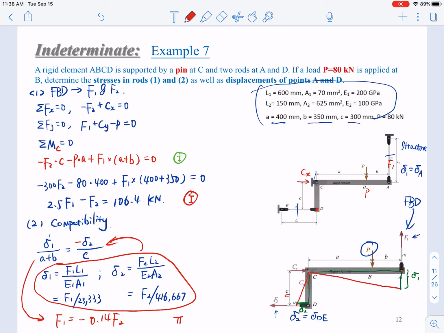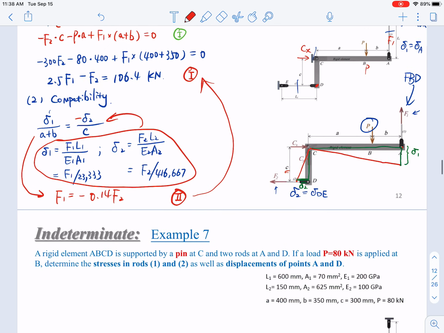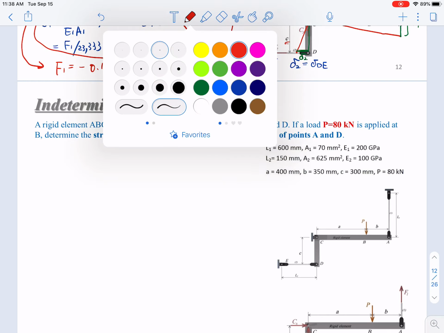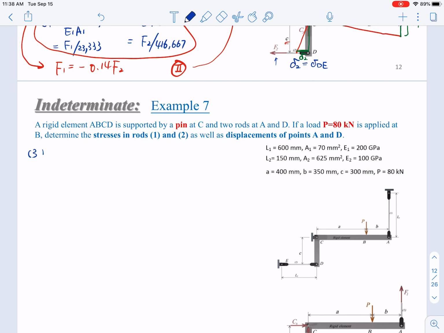So this is our equation 2. Okay, so you can see that if we substitute equation 2 into equation 1, then we can solve these two equations. Right, there are two equations, two unknowns, both will be solved. Okay, this will be our third step.